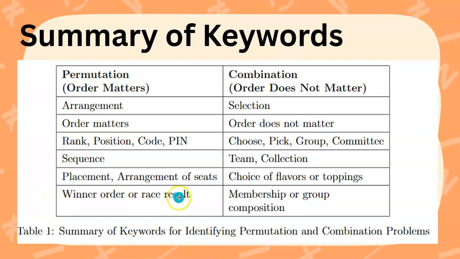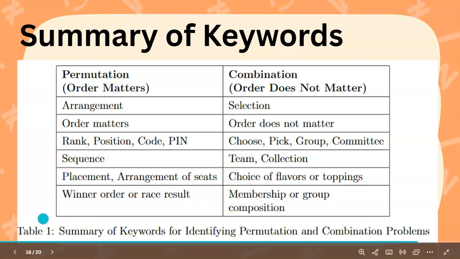And now for column 2, we have the combination problem when the order does not matter. And the order doesn't matter when the problem or situation has either of the following keywords: selection, order doesn't matter, choose, pick, group, committee, team, collection, choice of flavors or toppings, membership, or group composition.